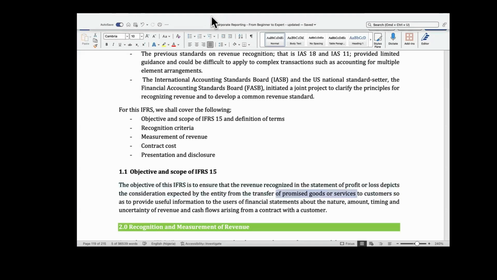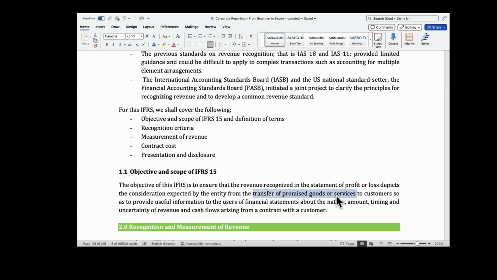Are you awake? The revenue you recognize in your P&L must be the consideration you are expecting from the transfer of promised goods or services. What this means is that the revenue you can recognize is only based on the goods or services you have transferred.